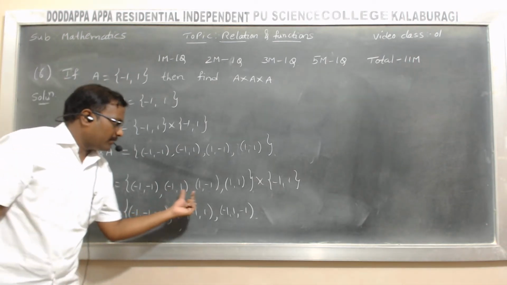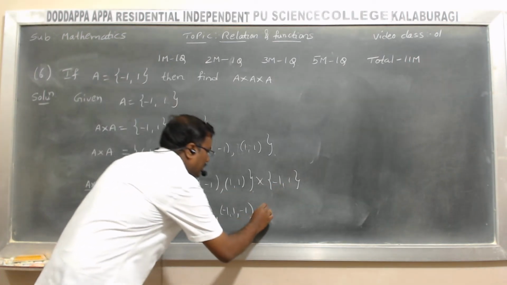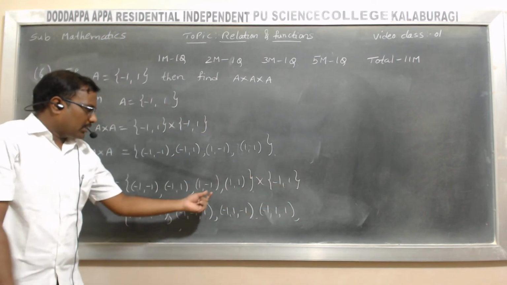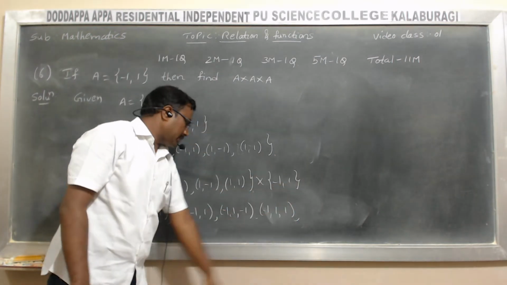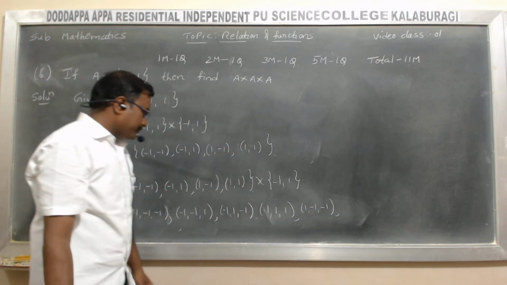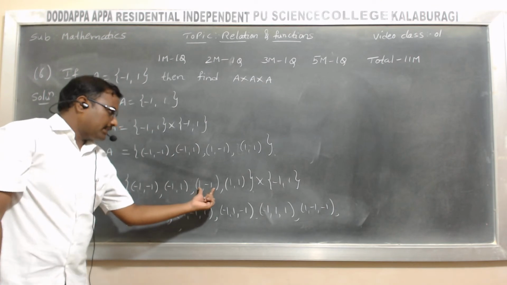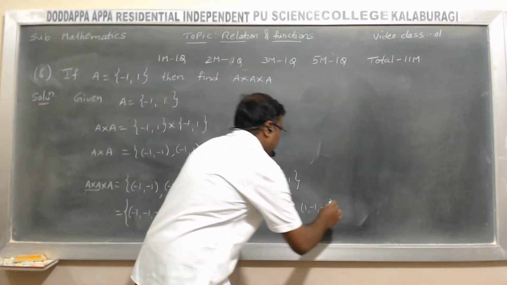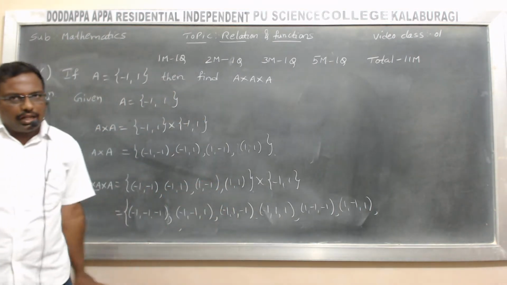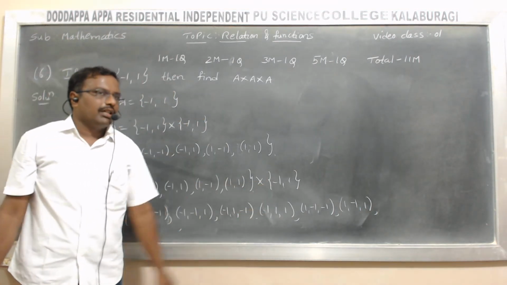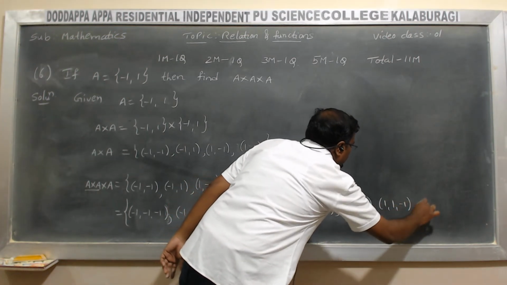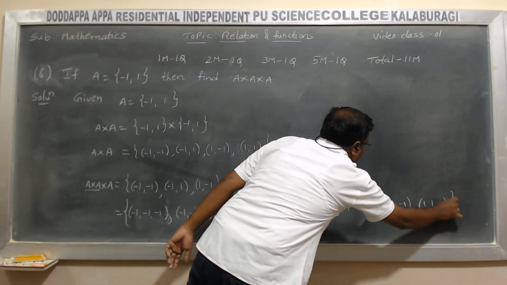Next, second element related to second element, (minus 1, 1, 1). Next, third element is related to first element, (1, minus 1, minus 1). Next, third element is related to second element, (1, minus 1, 1). So the last one is there, (1, 1). As usual method we get (1, 1, minus 1), (1, 1, 1).